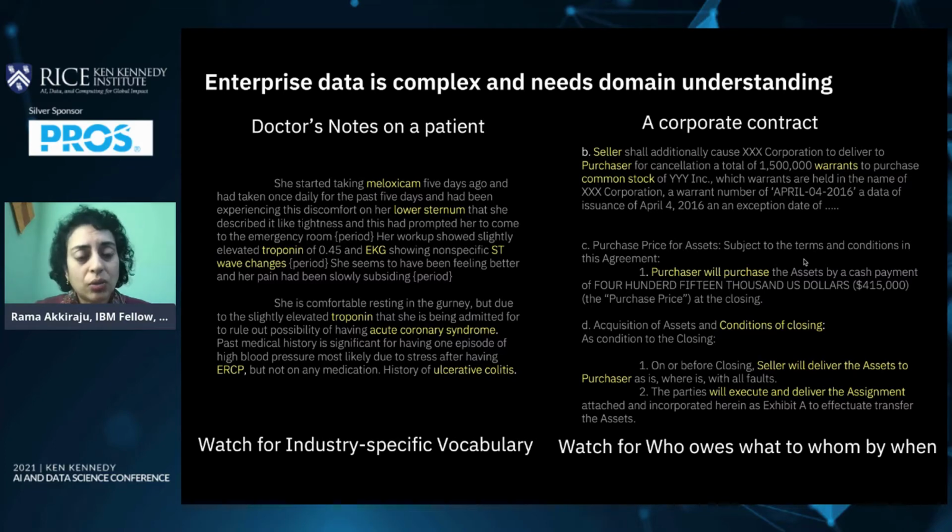So, if you build a natural language understanding system, whether it is a speech to text transcription system or an entity recognition system from corporate contracts, just by training those systems with, say, Wikipedia data or other general spoken conversation data, they won't do very well on these domains because they haven't encountered these types of words, and therefore the phonemes won't get recognized well, the words won't get written very well because the spellings may be wrong, or the specific fact that this is a purchaser or seller, and this is the person who owes to that other person, those kind of relationships won't be extracted very well because there are just not enough occurrences of these types of things in the data.